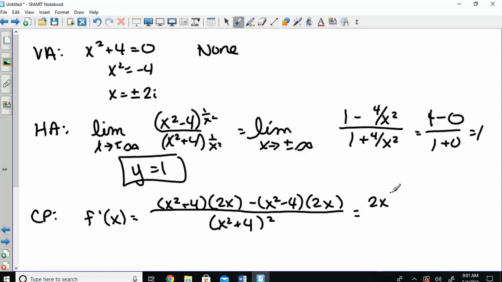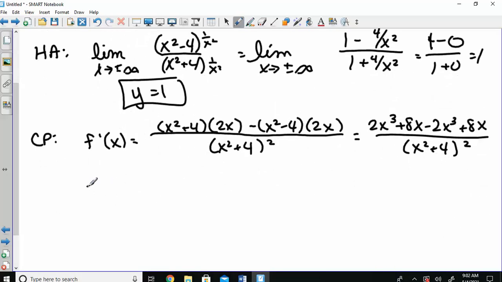So we get 2x cubed plus 8x minus 2x cubed plus 8x. So we get 16x over x squared plus 4 squared.